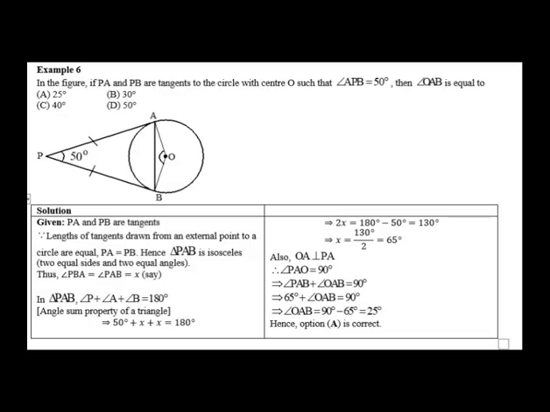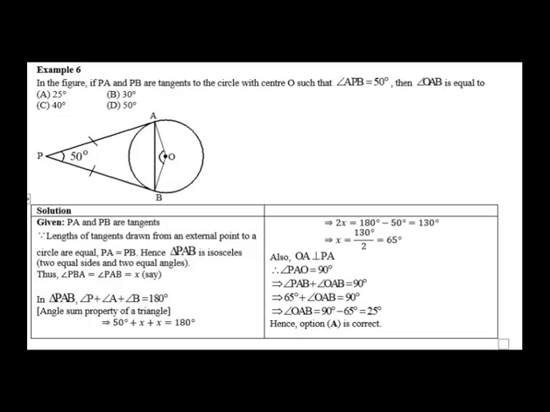Hence, triangle PAB is isosceles, that is, two sides are equal and two angles are equal. Hence, angle PBA is equal to angle PAB. Let angle PBA is equal to angle PAB is equal to x.